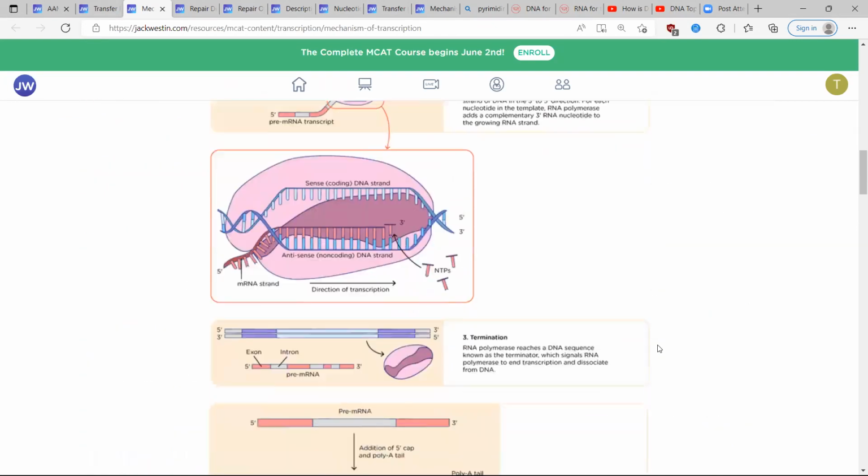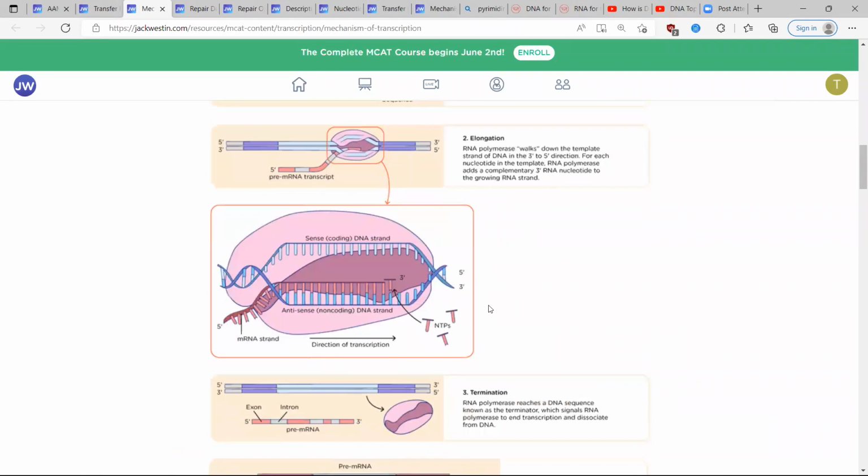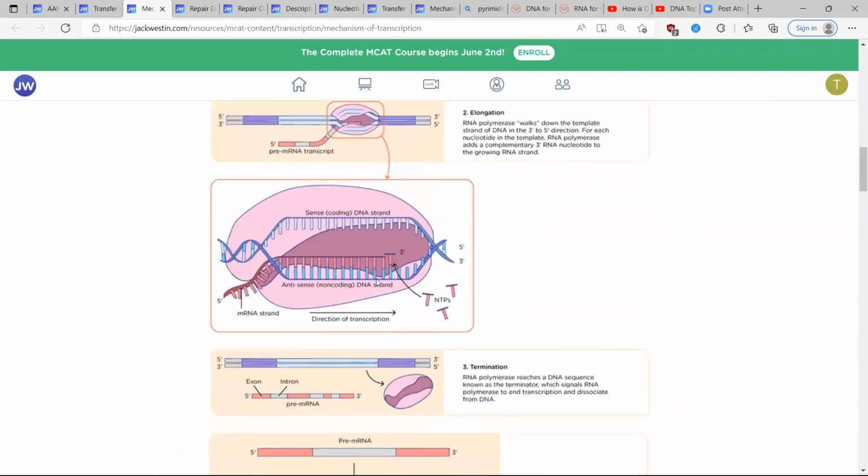Is this also semi-conservative? No, because the DNA is not involved in leaving the nucleus. It's only the brand new mRNA that we just made that is leaving the nucleus.